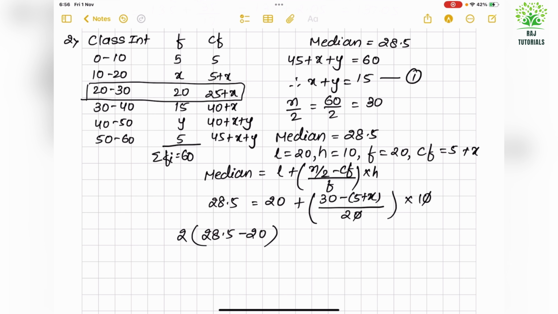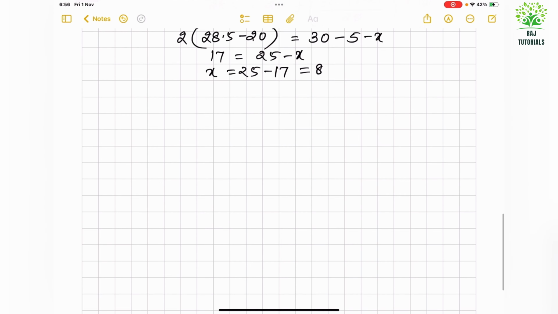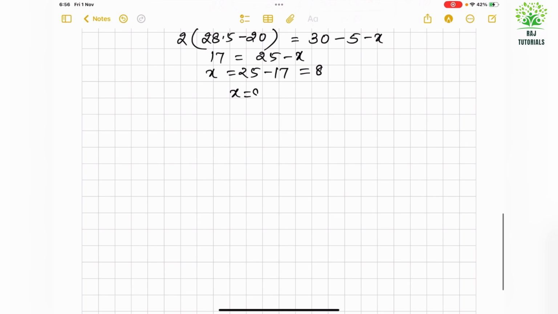Now 2 is in division, so I am bringing it to the other side, where it is in multiplication: 30 minus 5 minus x. So this will be 8.5 into 2. So 17 equal to 25 minus x. So x equal to 25 minus 17. So 8. Now I got x equal to 8.